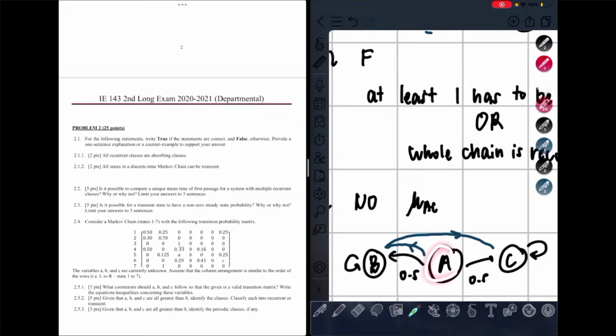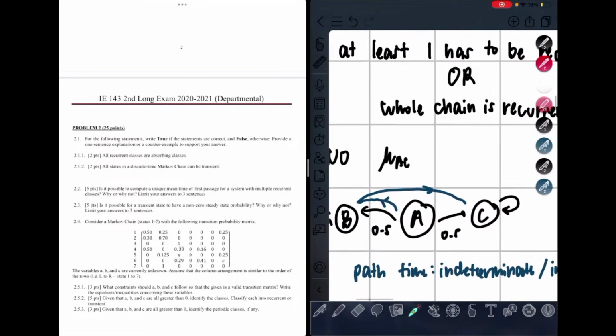And then from A, but there's a chance kasi now we can't get to C. So for example, if our process starts at A and because it's 50-50, it goes to B, there's no way for you to go to C. Meaning the quote unquote time of first passage from A to C going through B is technically indeterminate or infinite, right?